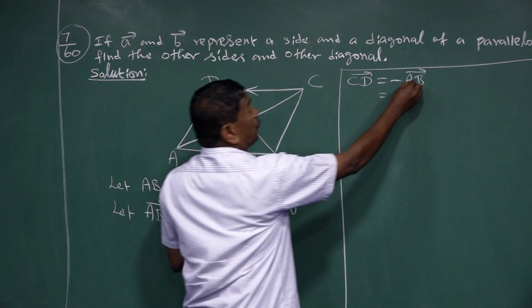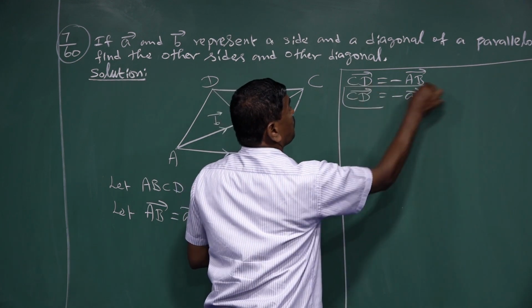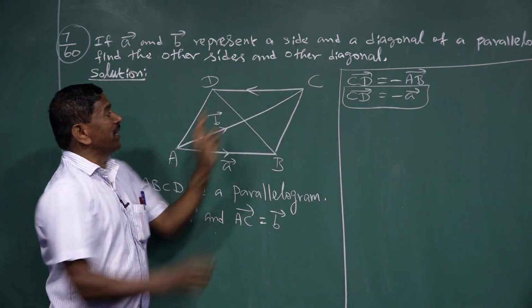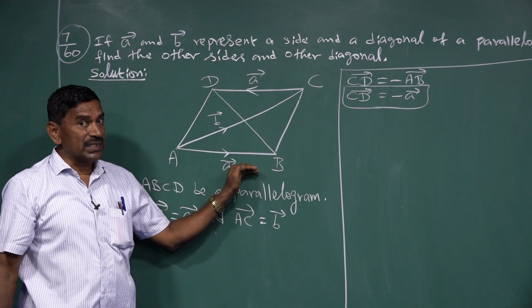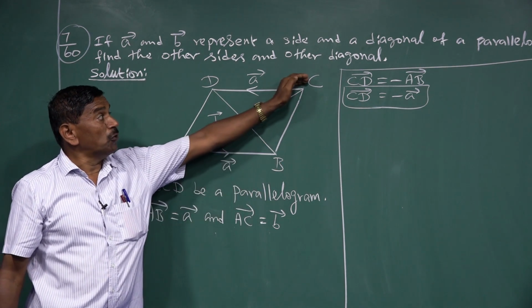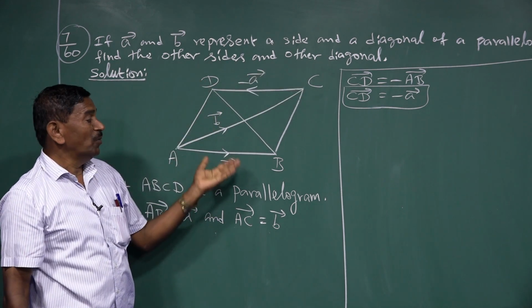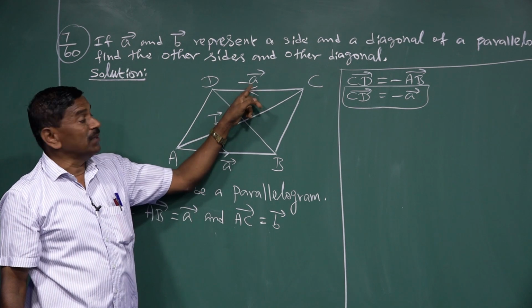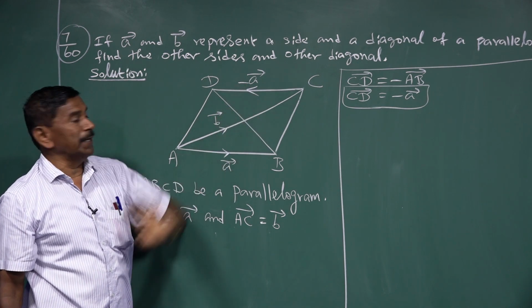Vector AB is plus a, but opposite in direction, vector CD is minus a. One side is ready.